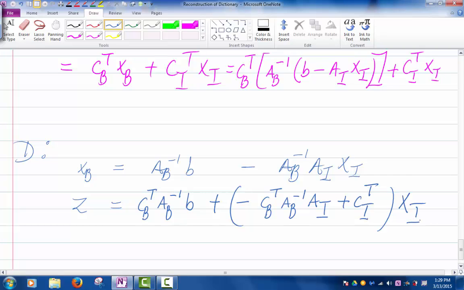All I did is I looked at XI times whatever and XI times this guy, so I just factored out XI, and the constant would be B times this times this. Okay? Again, you don't have to remember this as formulas or anything, but the whole point is I can actually write down explicitly what Z is. Any questions? Does that make sense?